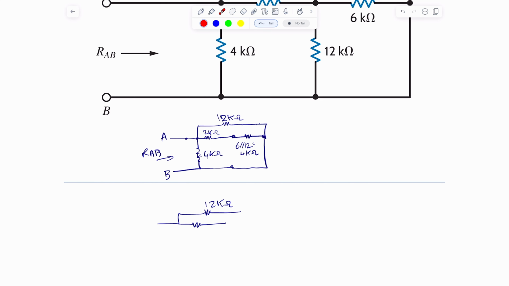Again, you can pick one of them and just draw one resistor instead. Of course, we have the 4, and we have A, we have B. This is 4 kilo ohms, and this node is still connected to here. All right, and this is simply 2 plus 4, which is simply 6 kilo ohms in here.